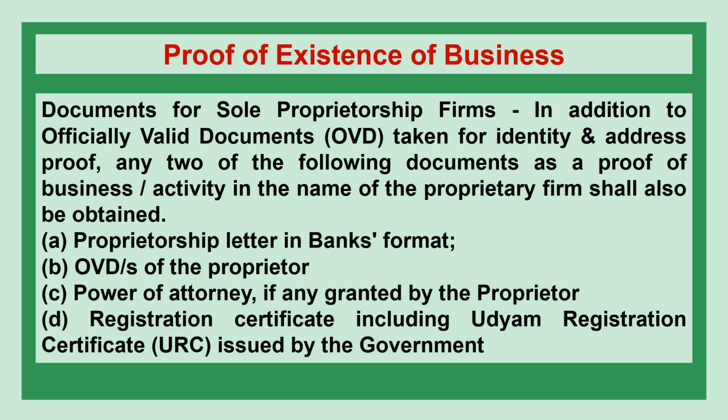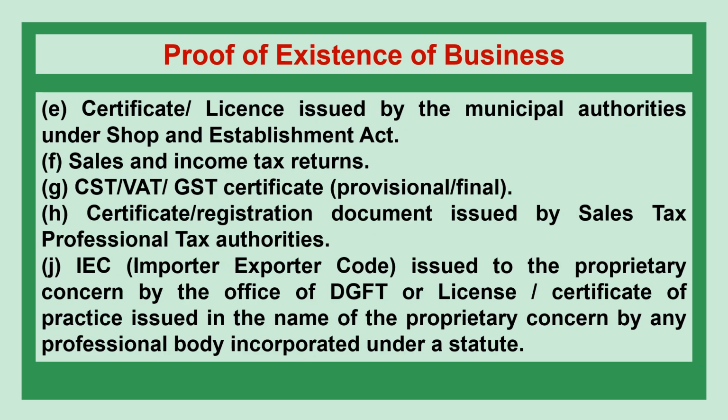Proprietorship letter in bank's format, OVDs of the proprietor, power of attorney if any granted by the proprietor, registration certificate including Udyam registration certificate issued by the government, certificate or license issued by the municipal authorities under Shop and Establishment Act, sales and income tax returns, CST or VAT or GST certificate, provisional or final.